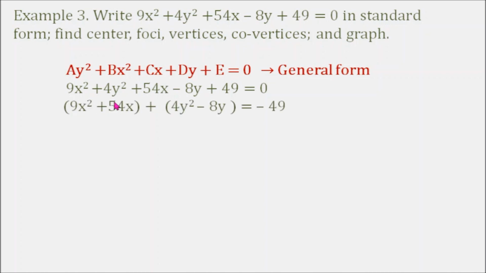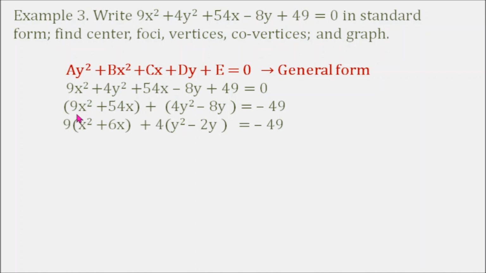So we have here 9x squared and 54x, and then we have 4y squared and negative 8y, and then 49 becomes negative 49 on the other side. Now from here, we are going to factor out the coefficient of x squared here, which is 9, and also factor out the coefficient of y squared here, which is 4.